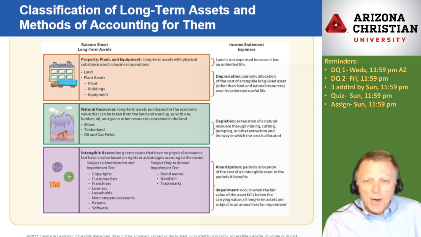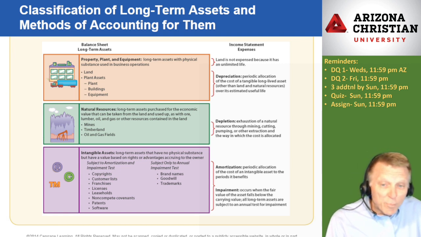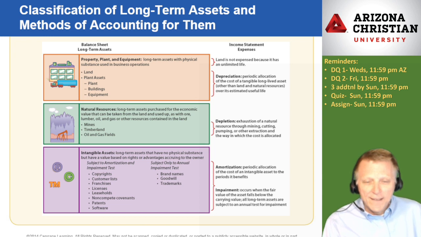For example, a piece of equipment's value is held on the balance sheet, but its annual depreciation is recorded on the income statement. So the important thing to remember is that a long-term asset often impacts two key financial elements, the balance sheet and the income statement.